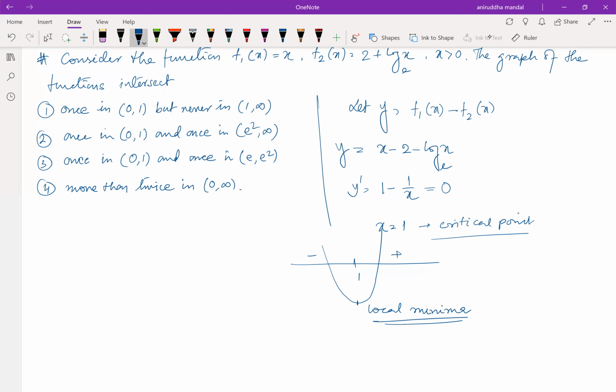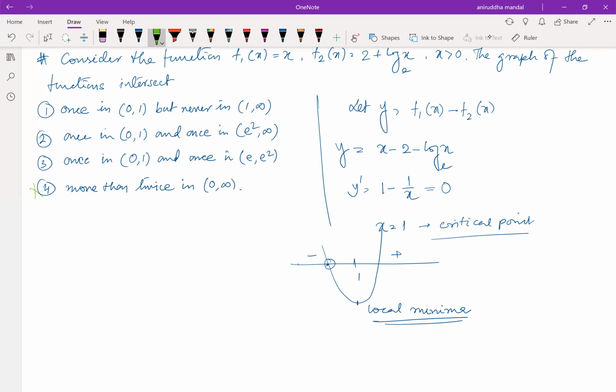So there must be a point between 0 and 1 at which this curve intersects the x-axis. So we can easily neglect option 4. Now we have to check for another point.